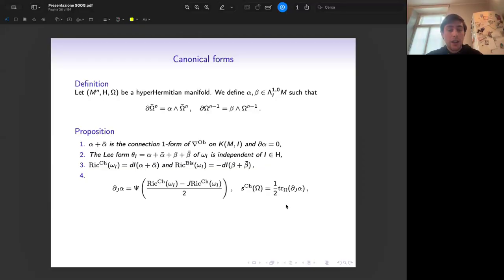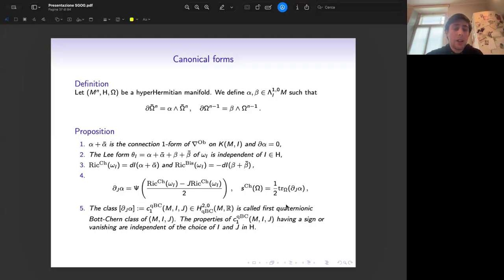And so it defines a cohomology class in the quaternionic Bott-Chern cohomology, which turns out to be independent of the metric we choose. And so we call it the first quaternionic Bott-Chern class of the hypercomplex manifold.